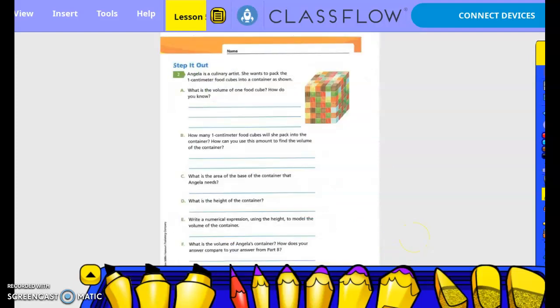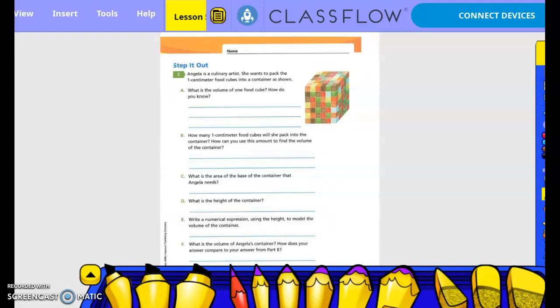Angela is a culinary artist. She wants to pack the 1 centimeter food cubes into a container as shown. What is the volume of 1 food cube? How do you know? Okay, so what did it say up here in our reading to begin with? It said that each one was 1 centimeter, right?